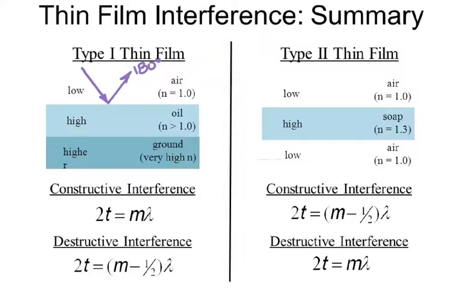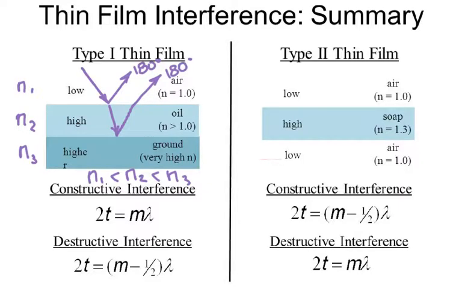We also talked about how this light wave is partially reflected, but partially still comes into the second medium, and when it meets the boundary between the next two mediums, if you have n1, n2 and n3, and n1 is less than n2 and n2 is less than n3, here again you're going to have a 180 degree shift, and this light that is coming out is also 180 degree shifted.